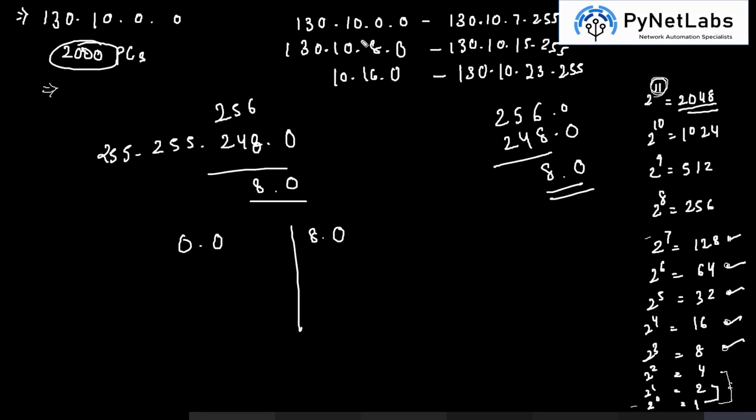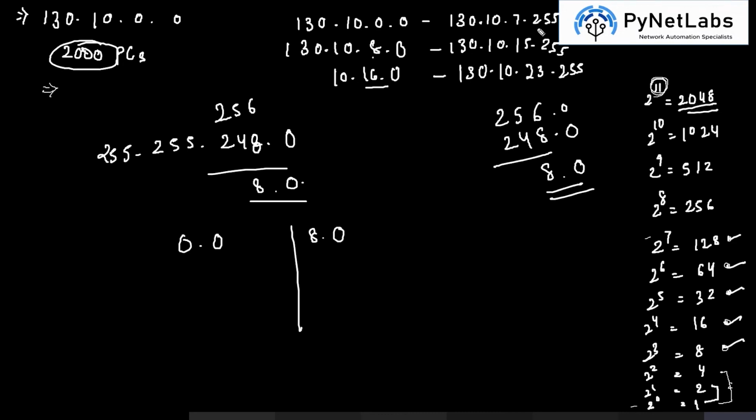You see, the first range is starting from 0.0 and the next one is starting from 8.0. Now again, if you add 8.0 to 8.0, you get the starting of the next range, which is 16.0. So you can either use this, or you can just calculate by keeping one thing in mind, that there are only 256 hosts.